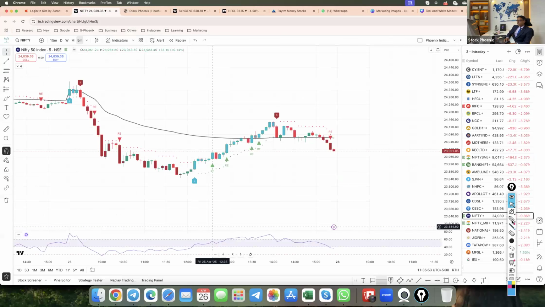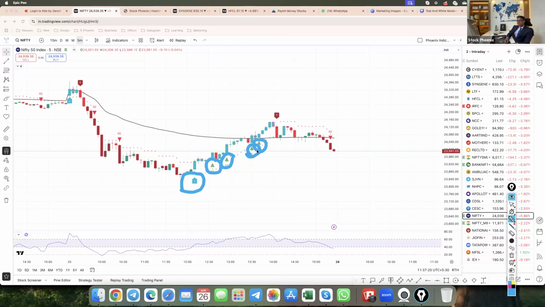So first, let's understand this part. Is this long entry valid? No. Is this long entry valid? No. Is this long entry valid? No. Is this re-entry valid?